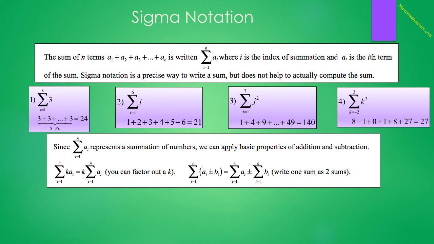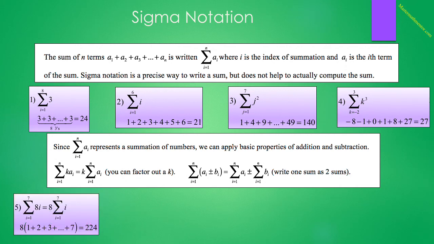And sigma i equals 1 to n of a sub i plus or minus b sub i will equal sigma i equals 1 to n of a sub i plus or minus sigma i equals 1 to n of b sub i, where we write one sum as 2 sums.